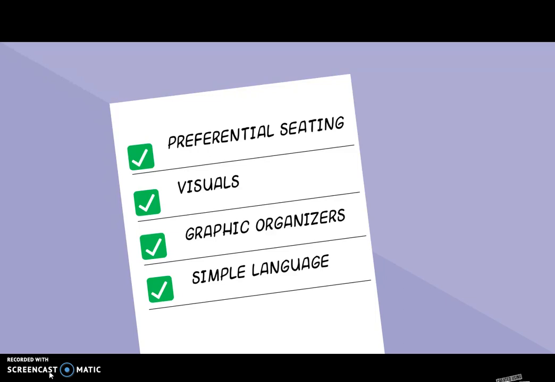Graphic organizers help students to organize their thinking, and also for English learners, they're able to pick out the most important information. And lastly, simple language. The less that you talk, the more that they'll be able to understand. So keep it short and clear, in addition to not using idioms or confusing terms or phrases.